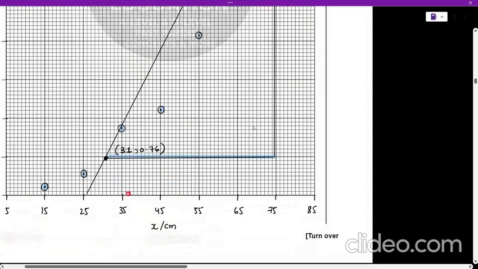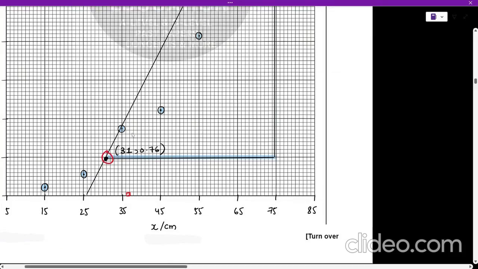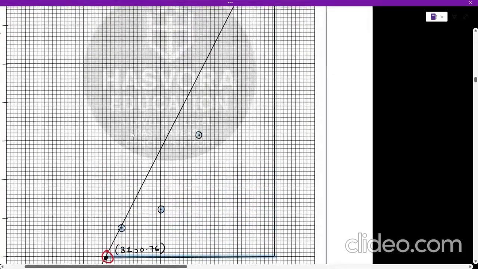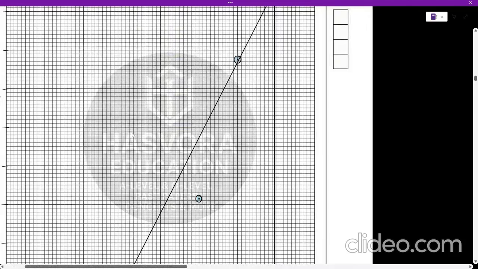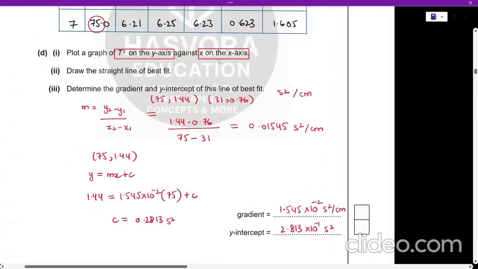So make a large triangle, and then at the points where the triangle intersects the line, for example this point or the above point, you have to check the reading of both the x and y axes, and then calculate.